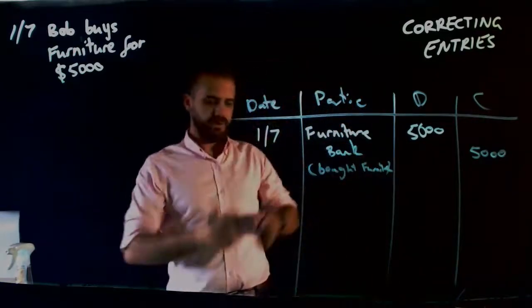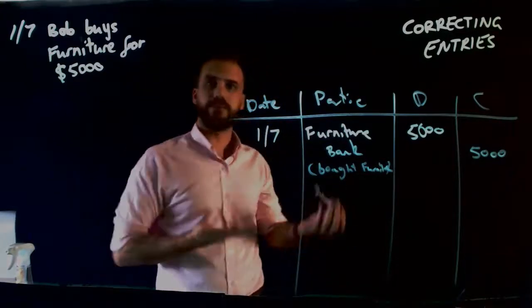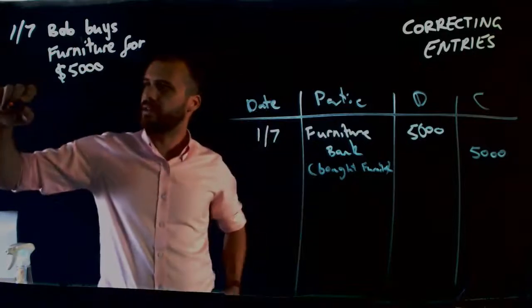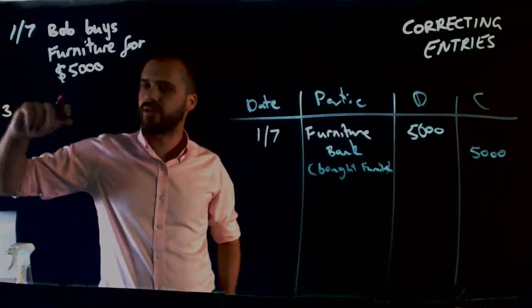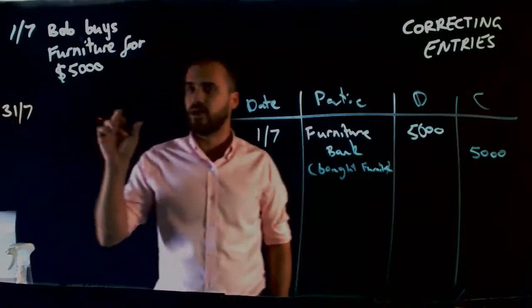Now, that should be the end of it, right? But someone goes over the books at the end of the month and then we find out this. 30 days, September, April, June, and November. 31st of July.